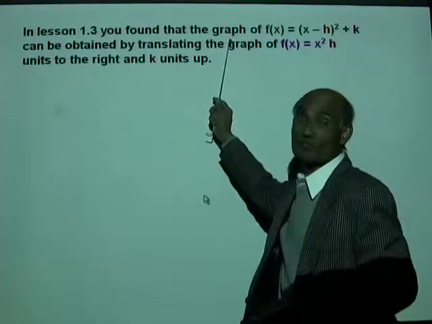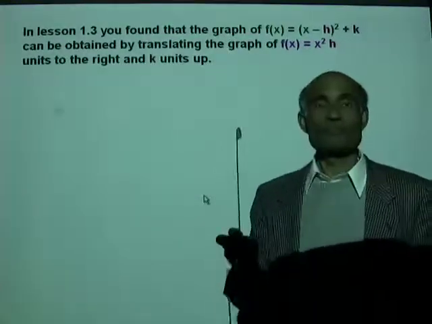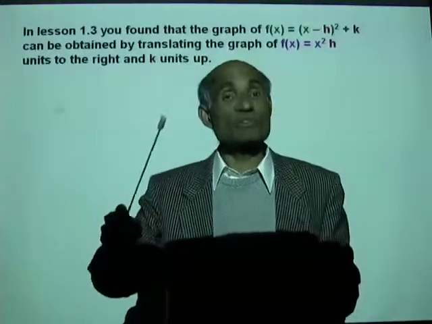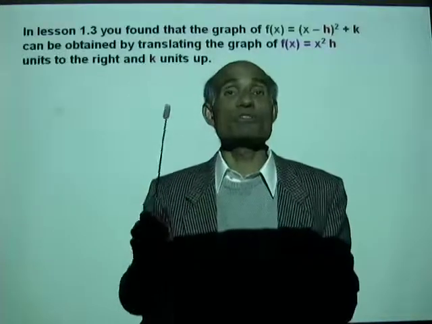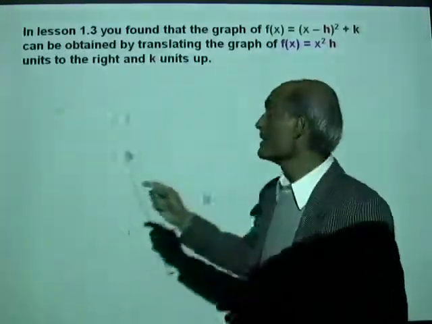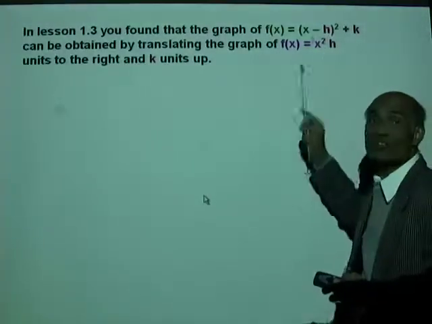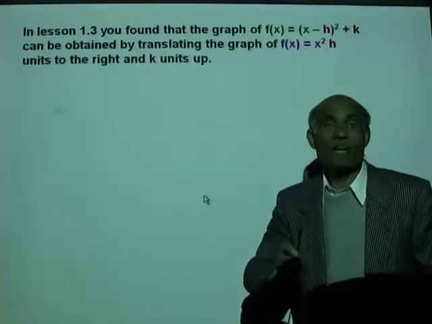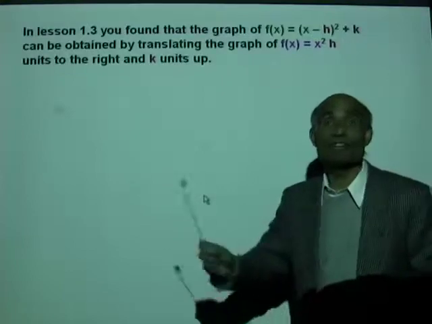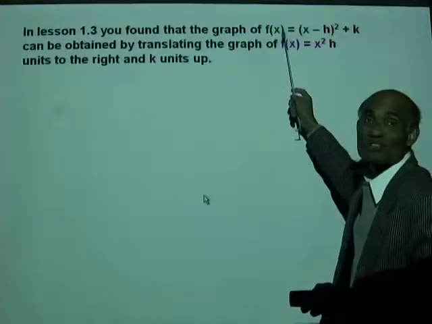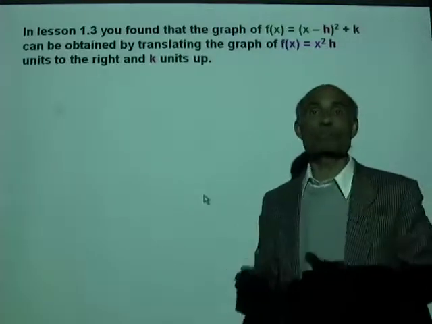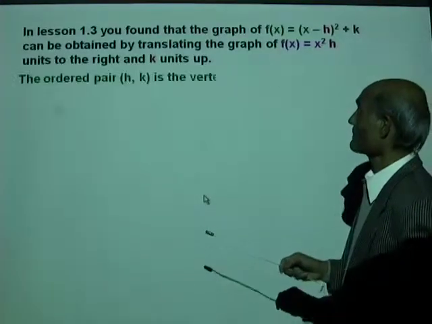Now, this is the question I have been asking you. The vertex of the parabola f of x equal to x squared is 0, 0, the origin. If the parabola is translated h units horizontally and k units vertically, you get this equation, f of x equal to x minus h all squared plus k.